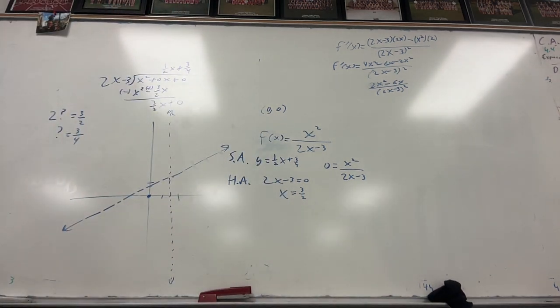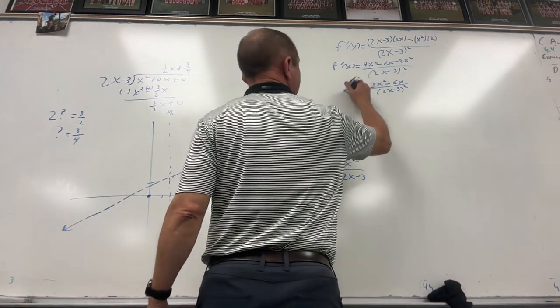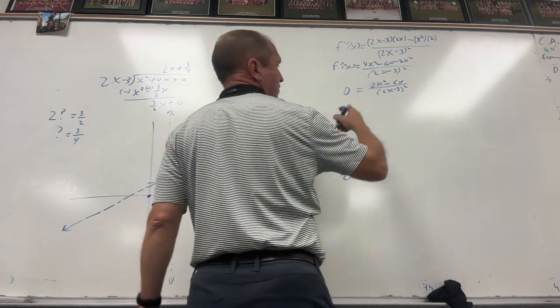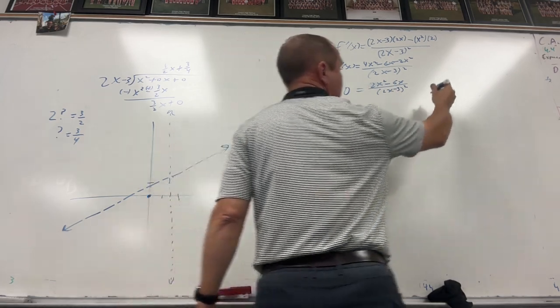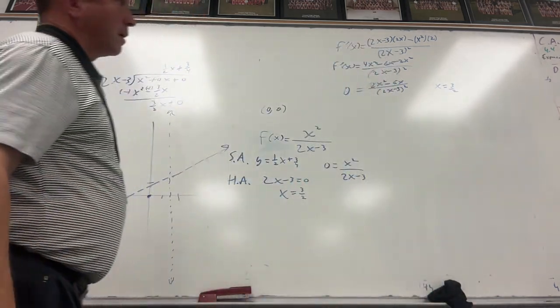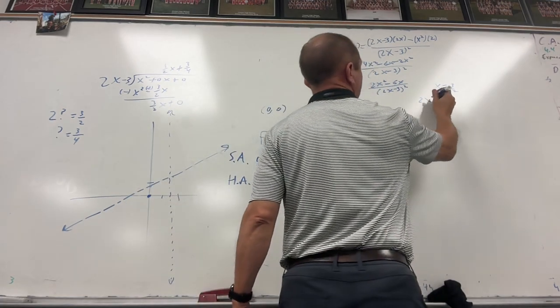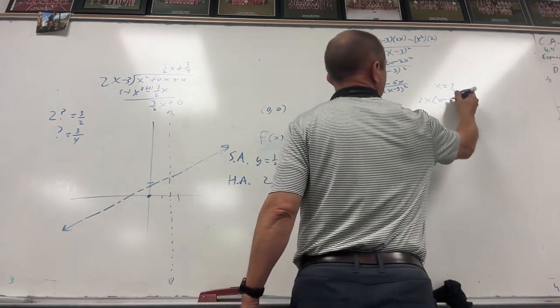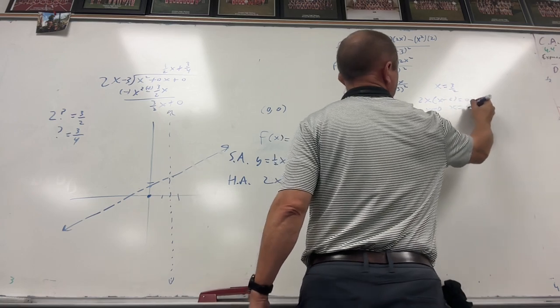You can take out the 2x. Let's factor out. Okay, now we're going to set it equal to 0. So again, the denominator is zero at 3/2. The numerator, factor out 2x.